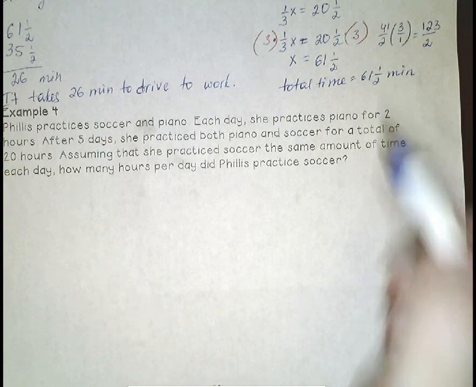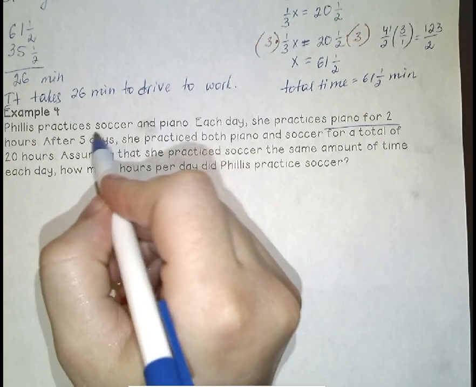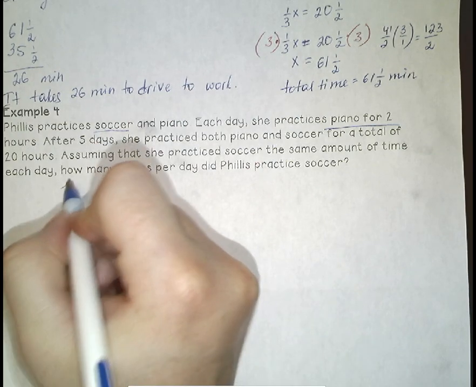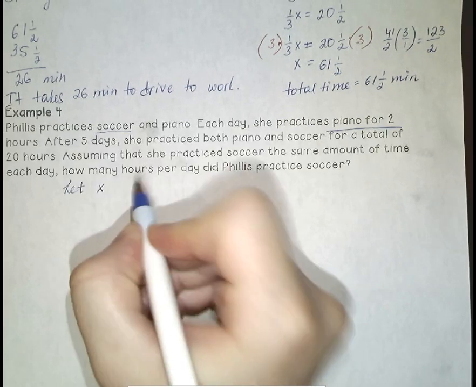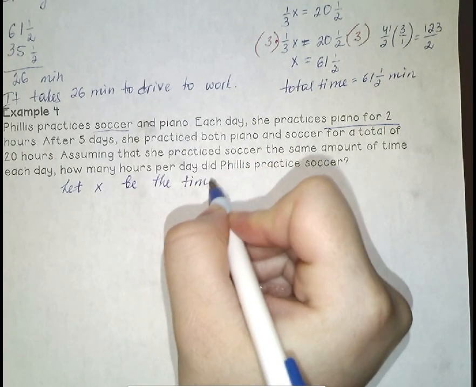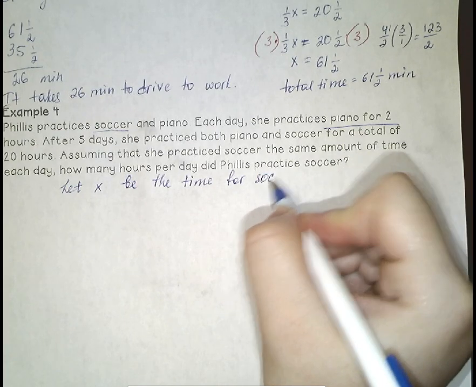Okay, so each day she practices piano for 2 hours and soccer. We don't know how long that soccer is taking her. So let's make it an x. So let x be the time for soccer.